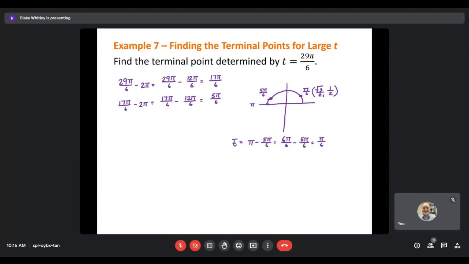And then our last step to find our terminal point here is to now adjust the signs. Because we're in the second quadrant, that means our x value becomes negative, the y value stays positive. So our terminal point should be negative square root of 3 over 2, positive 1/2.